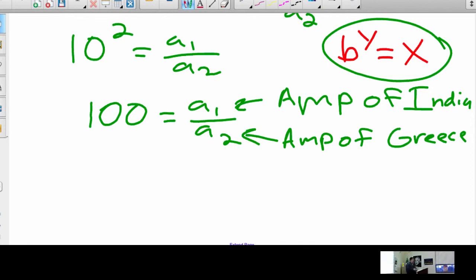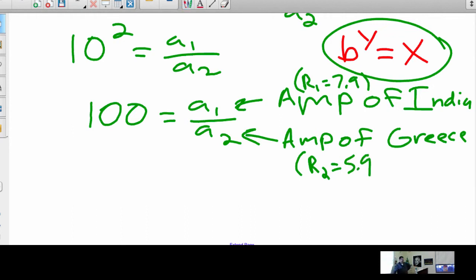Here's what we've got to think. The Richter scale R sub 1 was equal to 7.9, right? And this one here, R sub 2, the Richter scale gave it a 5.9. But with regards to the amplitude of the earthquake, what does that tell us about the strength when we compare the two?